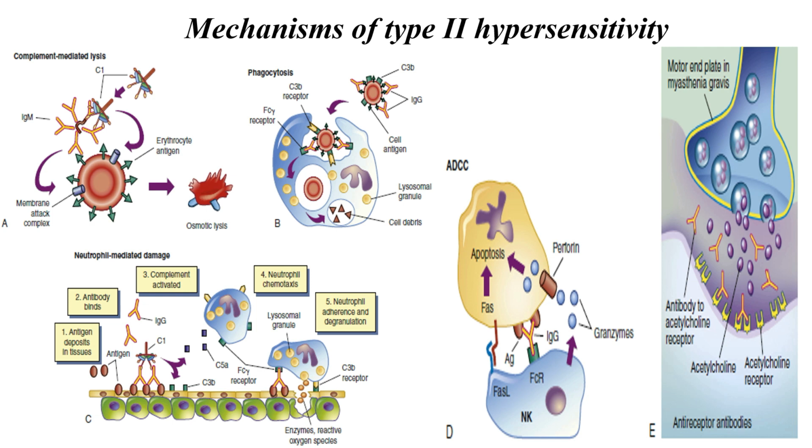This example of the mechanism depicts myasthenia gravis, in which acetylcholine receptor antibodies block acetylcholine from attaching to its receptor on the motor end plate of skeletal muscles, thereby impairing neuromuscular transmission and causing muscle weakness.